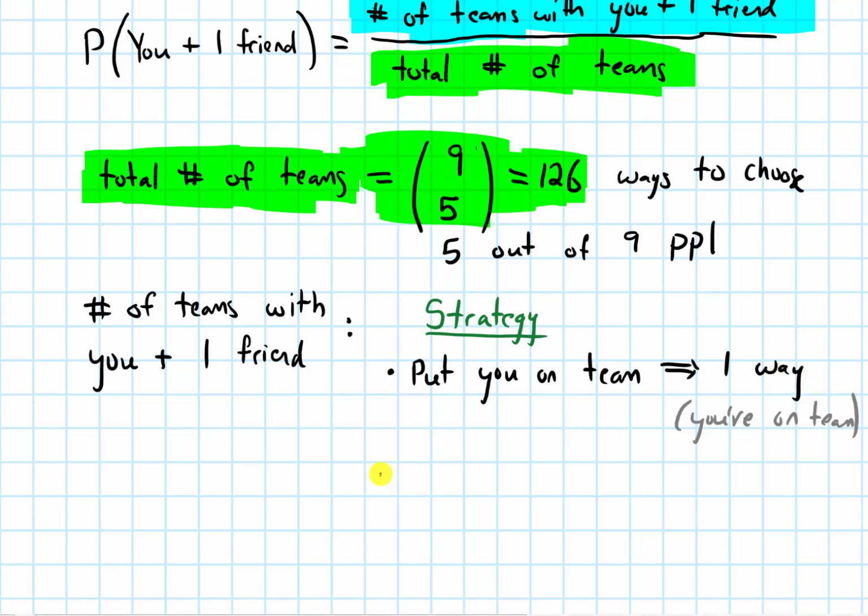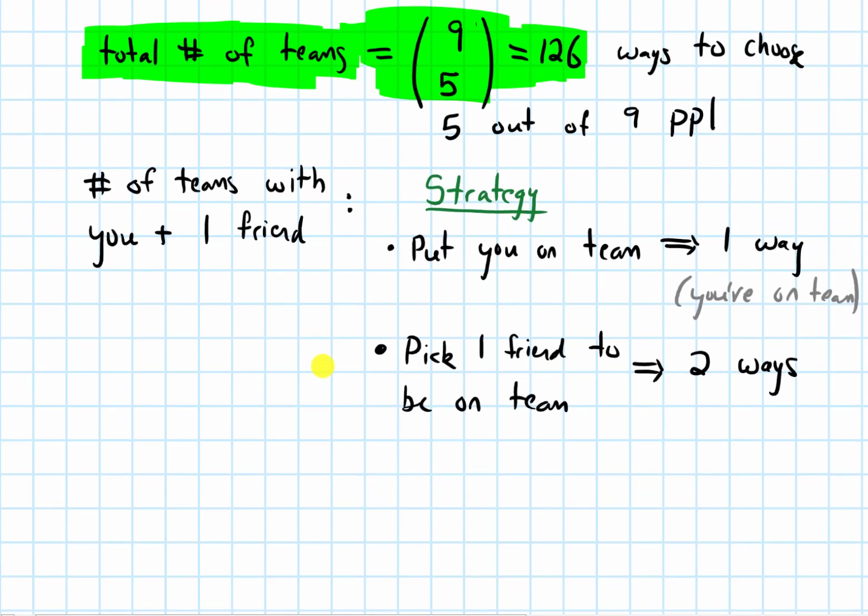All right, and now let's pick the one friend to be on the team. You have two friends in this group, so there are going to be two ways to choose which one of the friends is joining you on the team. Okay, so at this point, you are on the team and one of your friends is on the team.